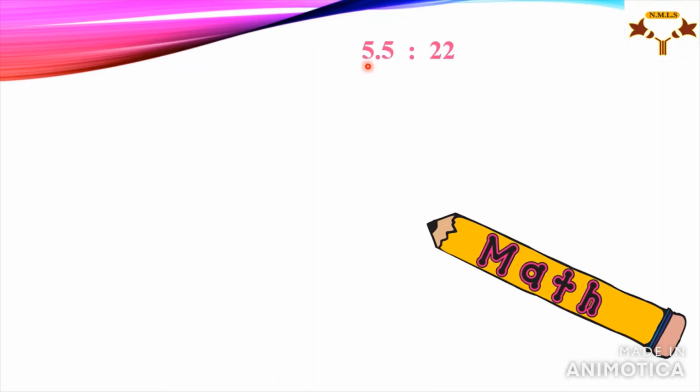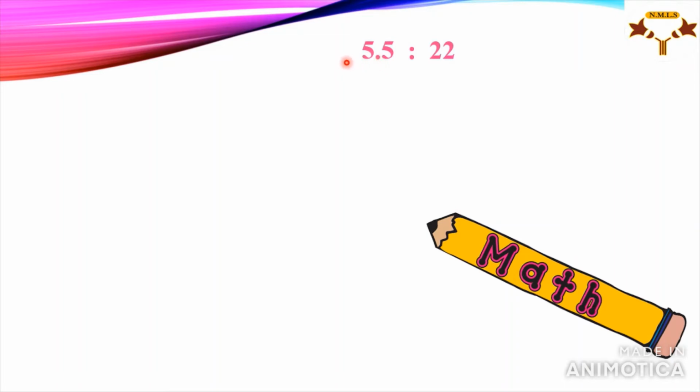Here I have 5.5. To remove the point, I can move it away by multiplying this term by 10. The point is after one digit, so I multiply by 10. If the point is after 2 digits, I multiply by 100.